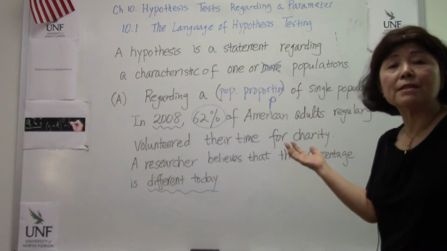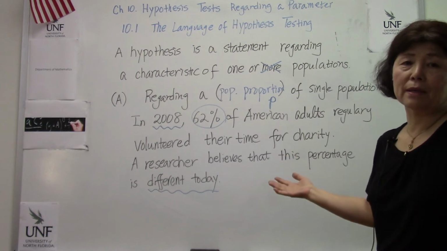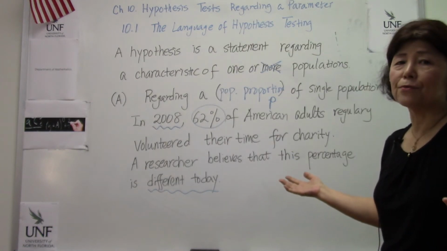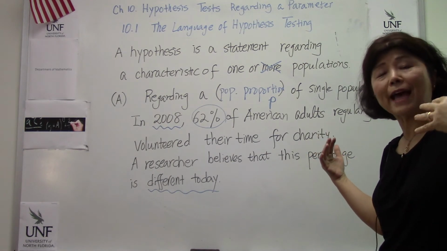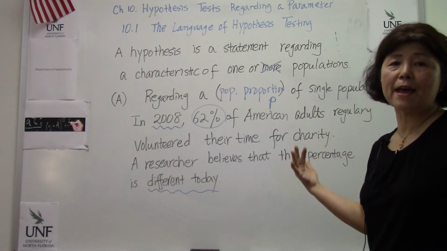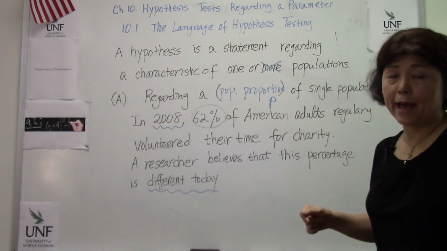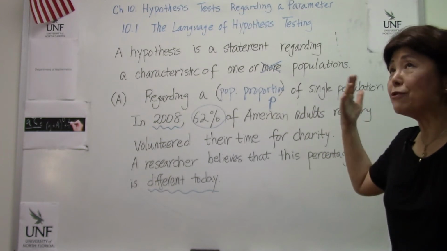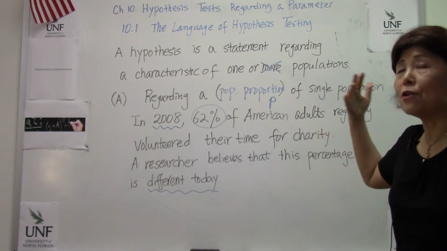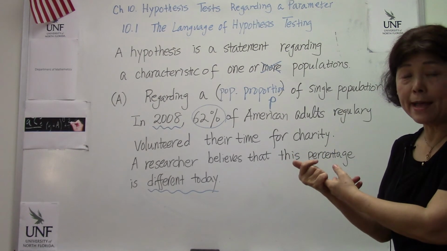If that evidence is sufficient to say that it is different, we cannot say 62% anymore. If the researcher gathers sufficient evidence, then we can say it's not 62% anymore. So just visualize the whole process of what this researcher would do.